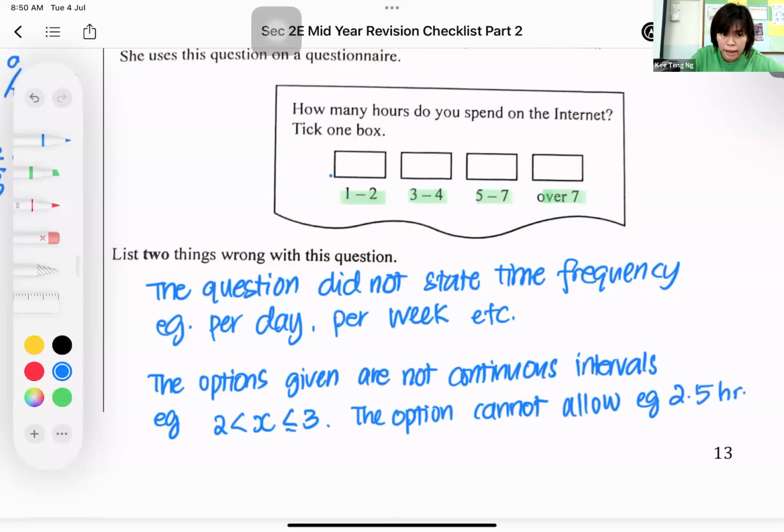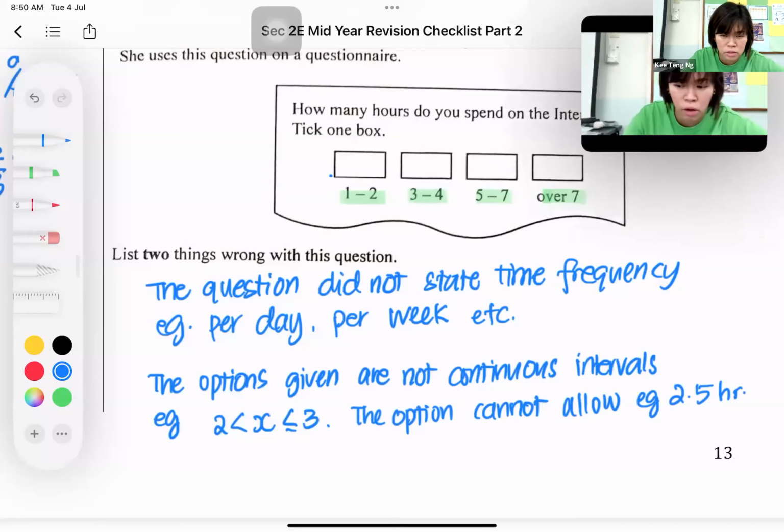So do state examples to explain your answer more clearly.